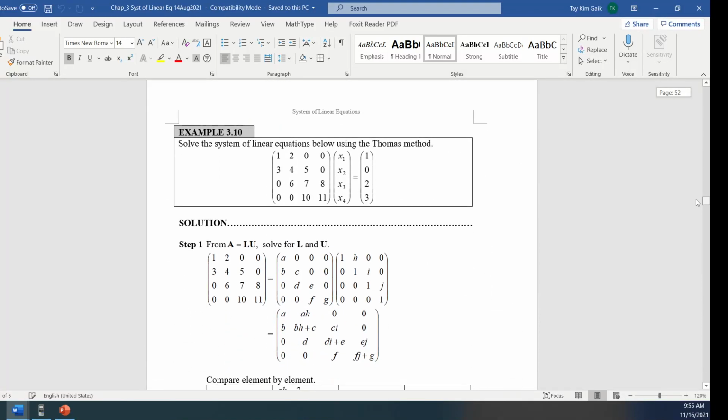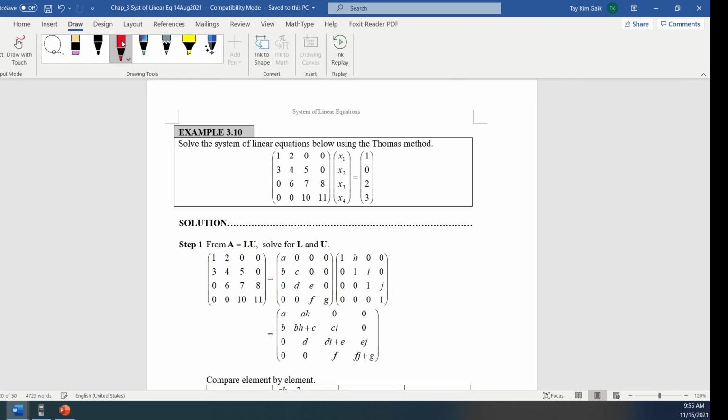Okay, for 4 by 4, your Thomas method. You put up the A, and the Thomas method is actually an LU decomposition method or factorization method, meaning you decompose A into L and U. L is a lower triangular matrix, meaning only the lower part consists of values.